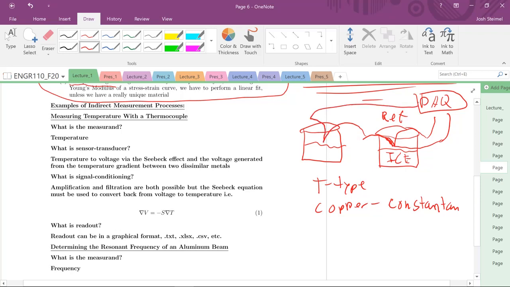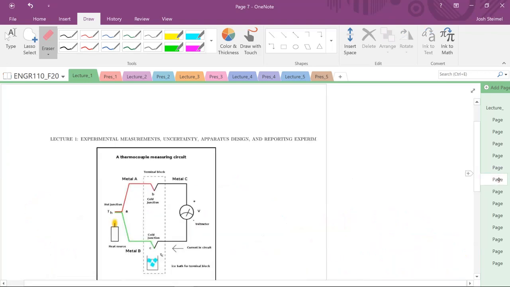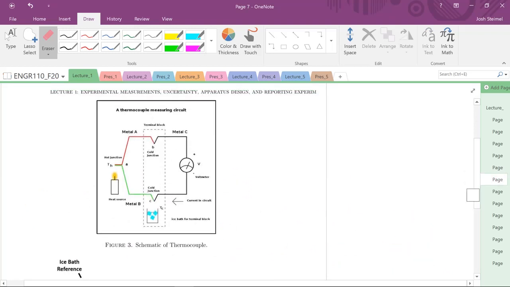The diagram below is going to be much more helpful, as you'll see in just a second. This is the schematic I'm trying to draw. This is going to be our reference junction, this is our sensing junction, and then this is our readout in the voltmeter, how we transduce our signal. Don't want to give away the secrets just yet.